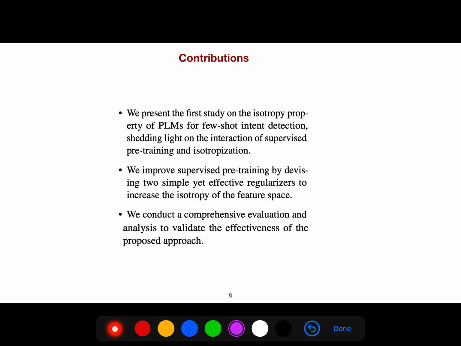The first is a study on the isotropy property of pre-trained language models for few-shot intent detection, shedding light on the interaction of supervised pre-training and isotropization. We improve supervised pre-training by devising 2 simple yet effective regularizers to increase the isotropy of the feature space. We conduct a comprehensive evaluation and analysis to validate the effectiveness of the proposed approach.